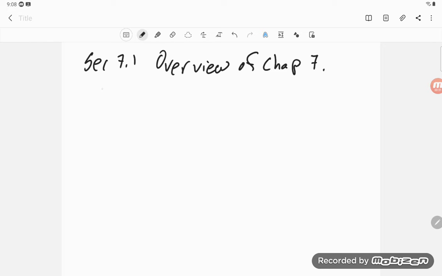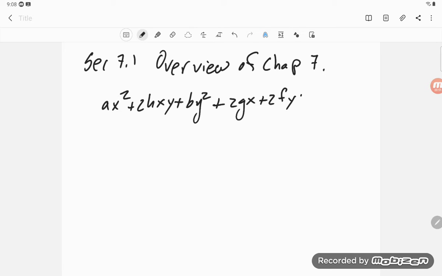So we want to look at the quadratic form, ax squared plus 2hxy plus by squared plus 2gx plus 2fy plus c equals 0, and try to understand the geometry through eigenvalues.